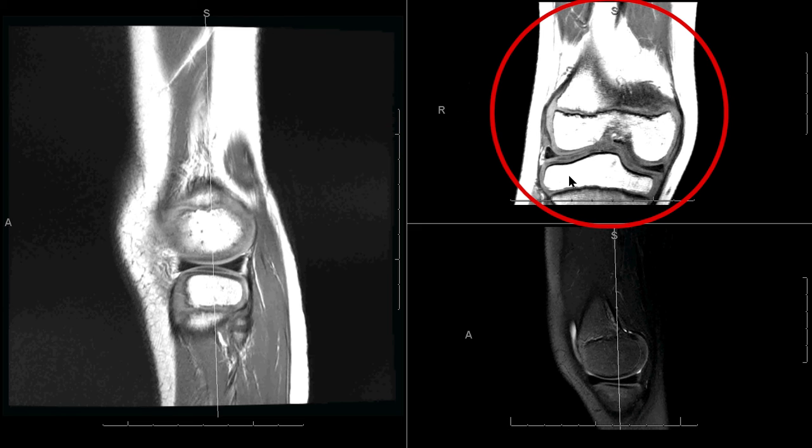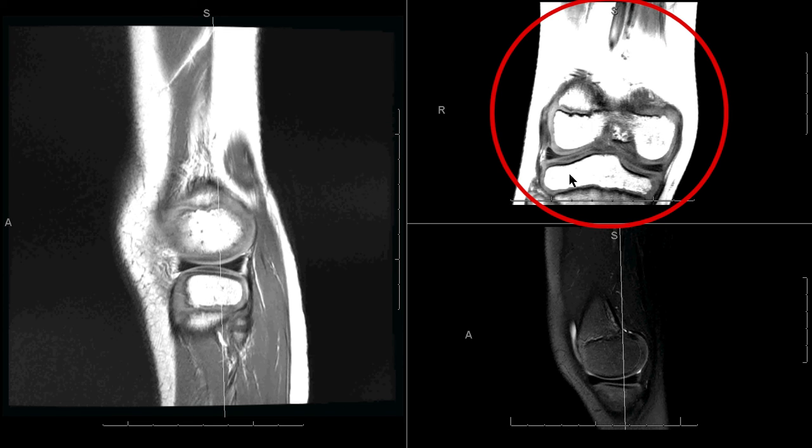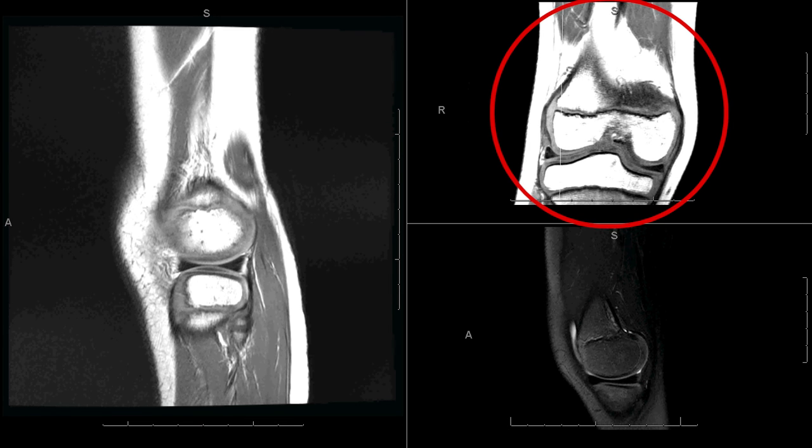But if you need to measure, because you're not sure, at this mid aspect, one should expect that the transverse width of the meniscus should be no more than 12 to 14 millimeters. And here it's only 8. So again, proof positive that we don't have a discoid meniscus.